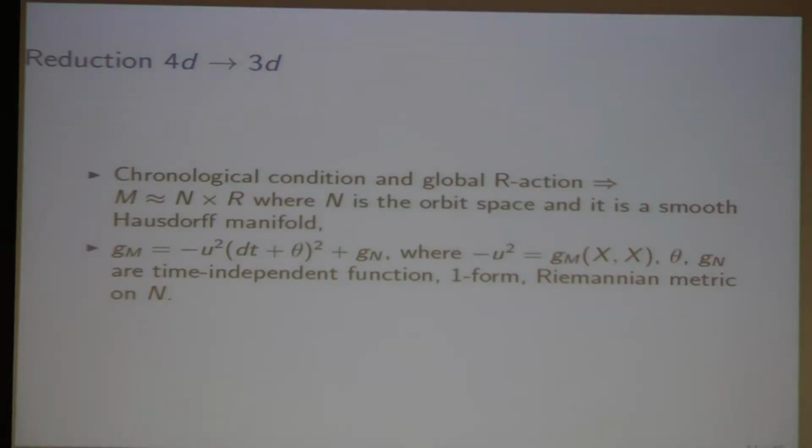So roughly speaking, if you have the chronological condition and a global R action, then you can just look at everything on a three-dimensional Riemannian manifold N.